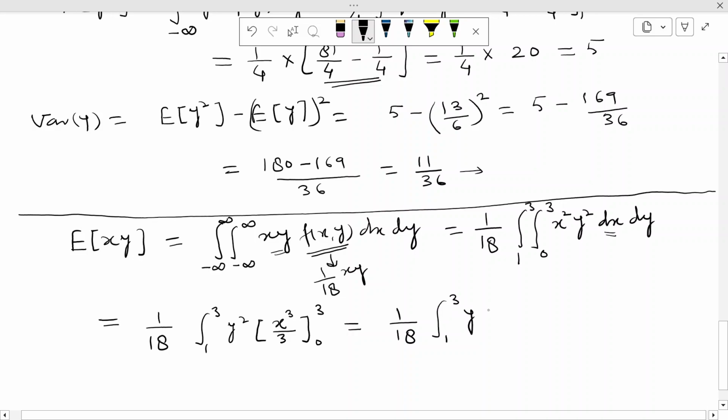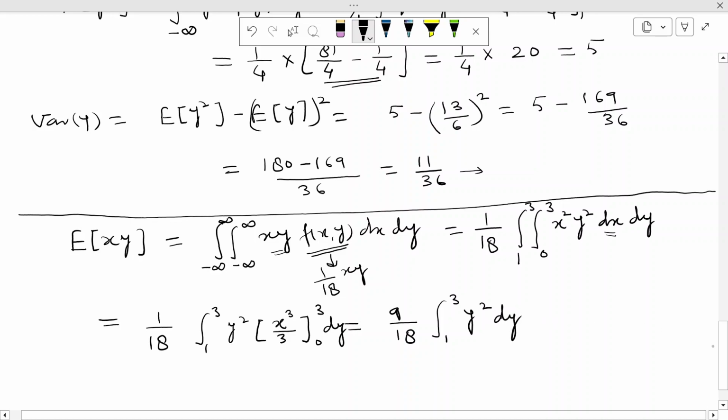When you are putting the limits, this will be 27 upon 3, so that is 9. So this will be 9 by 18 y square dy.